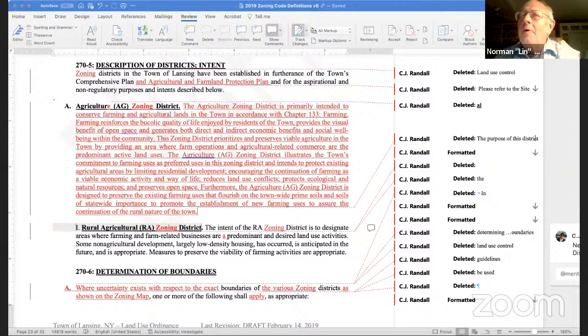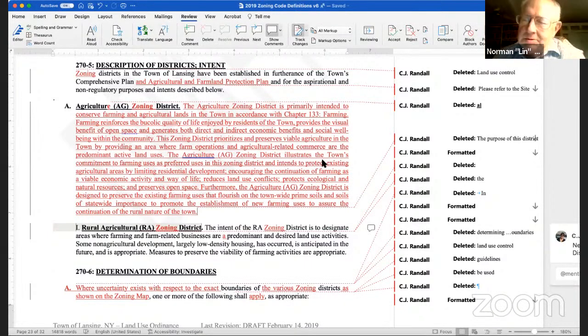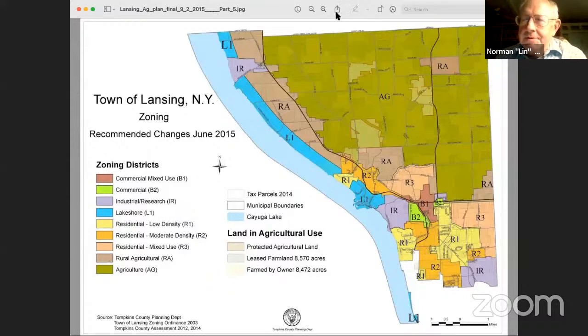So the old RA, right? Would be in the transition zone on the major corridors.